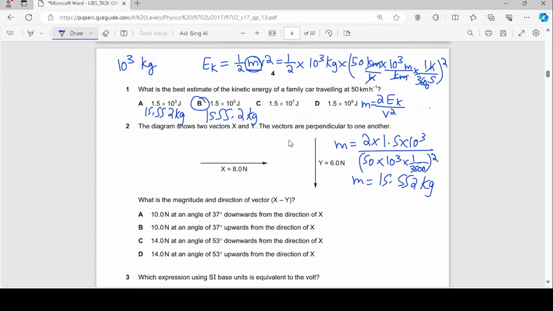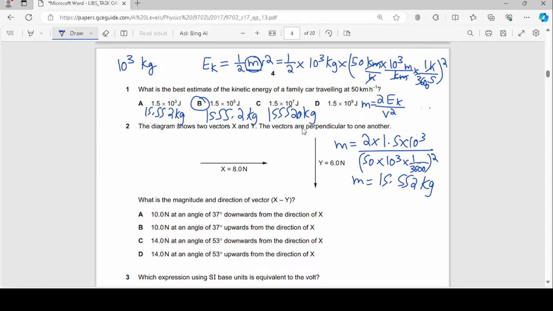And then for C, wait a second, let me just fix that. Yeah, I'm having a lot of calculator issues today. Anyways, the answer I get is just going to be 2 orders of magnitude higher, I suppose that's the way to think of it. Anyways, it's 155,520 kilograms.